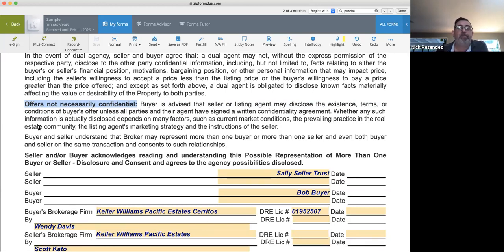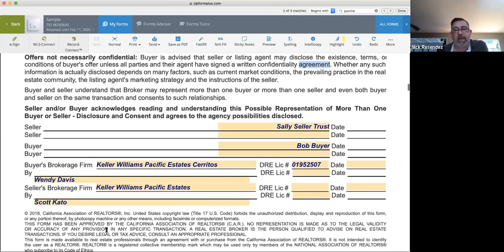If you want to prevent that, you could ask for confidentiality, but it is an agreement, meaning the seller would have to agree not to disclose information about the offer. And if you have a listing, you probably know it's in your best interest to let other buyers know how good an offer you have, because they're willing to compete at a very high level right now. All right, so all parties sign here again at the bottom.